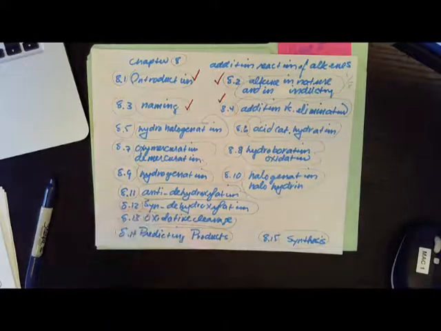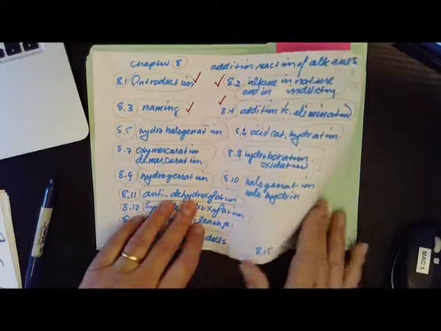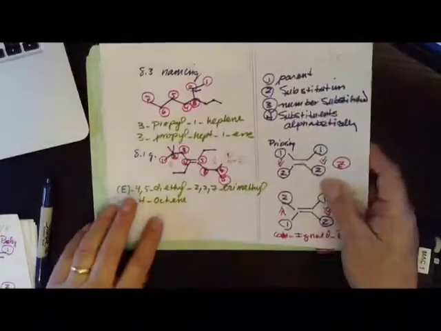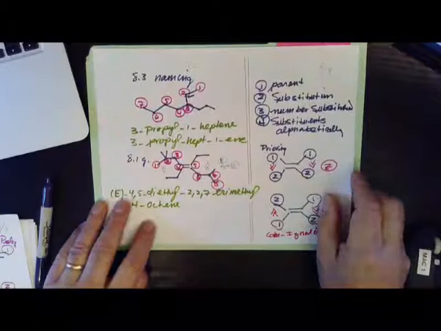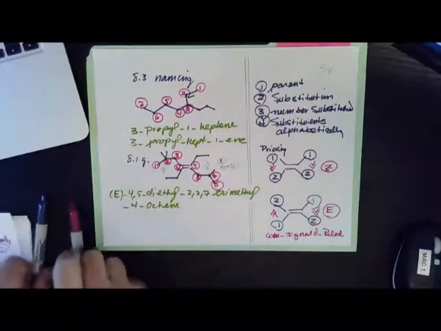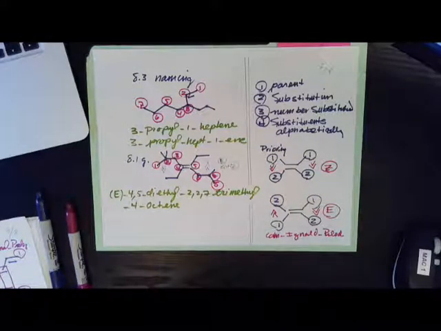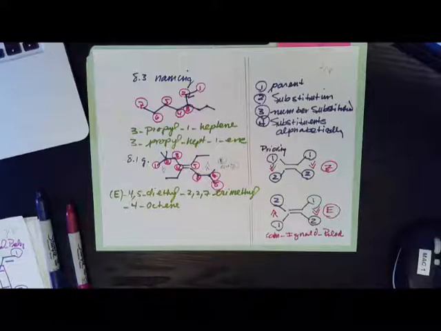So let me change my little paper here and put my naming on. Naming again is very similar to what we learned in alkanes. So we have to number the carbons, starting with the lowest number to the highest number, that include the longest chain.